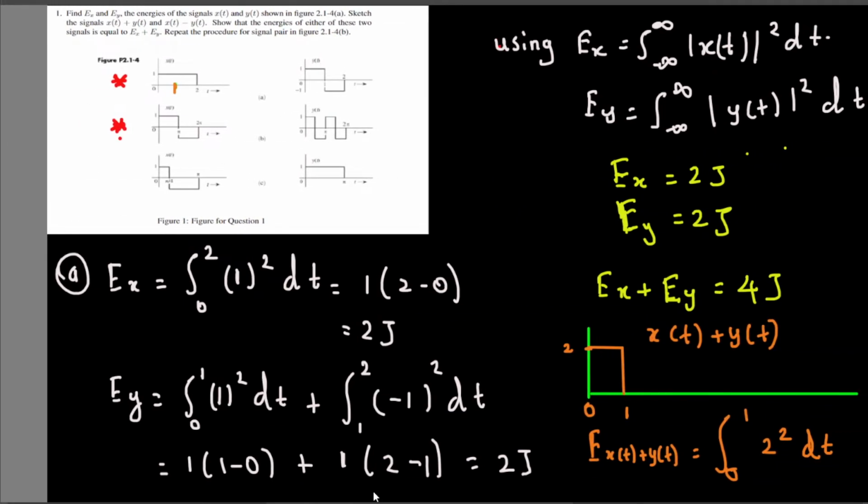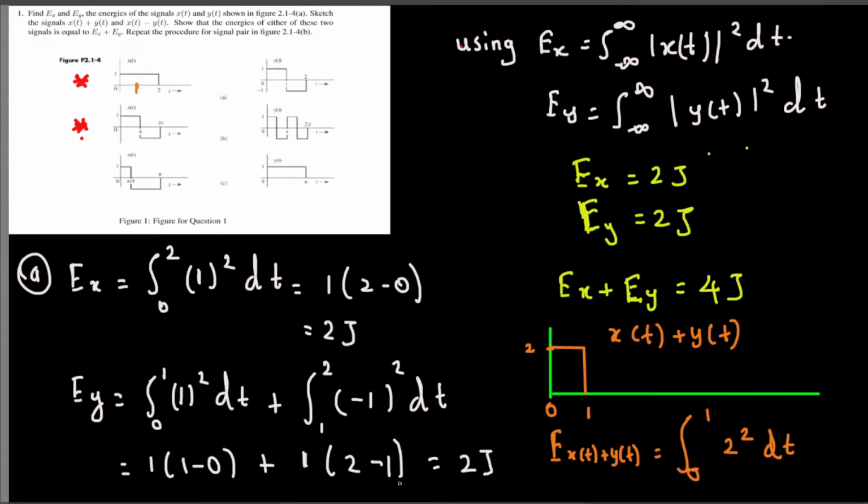And then here we go. So this is like 4, and then the upper limit is 1 minus 0. So we are getting 4. So we proved this one: the energy of x of t plus y of t is equal to 4.